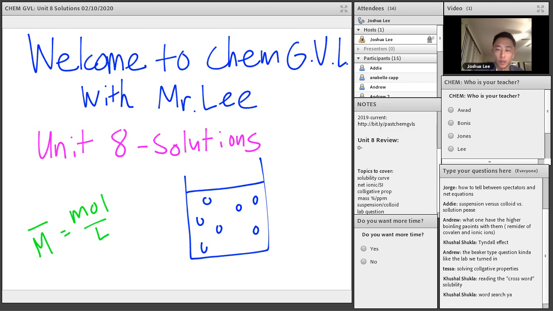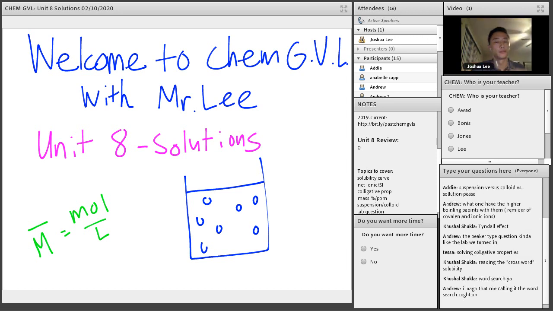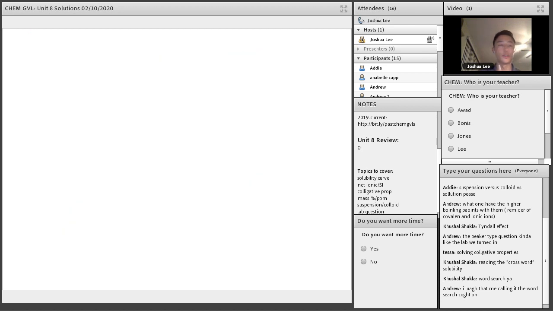Let's start with the solubility curves, which means you guys need something like this. All right, so first one, solubility curve.